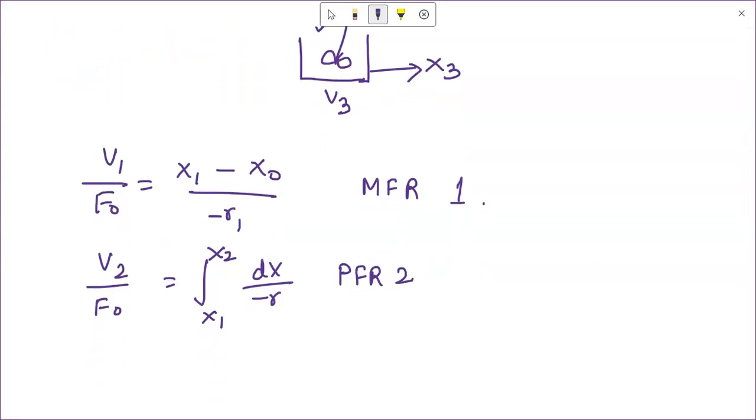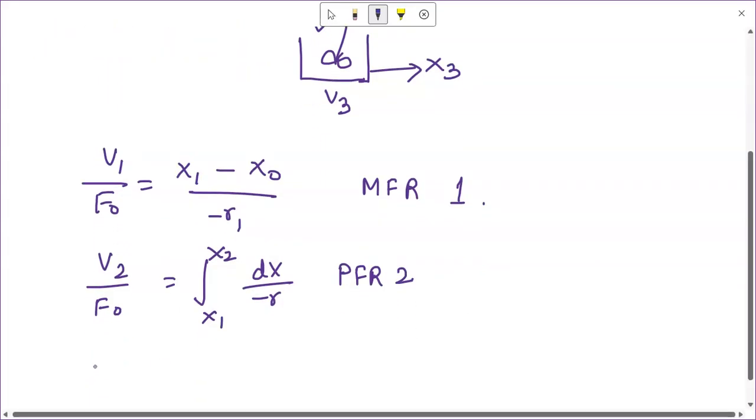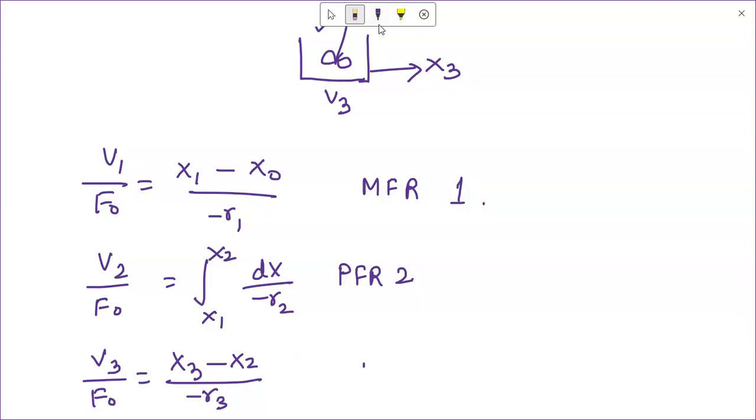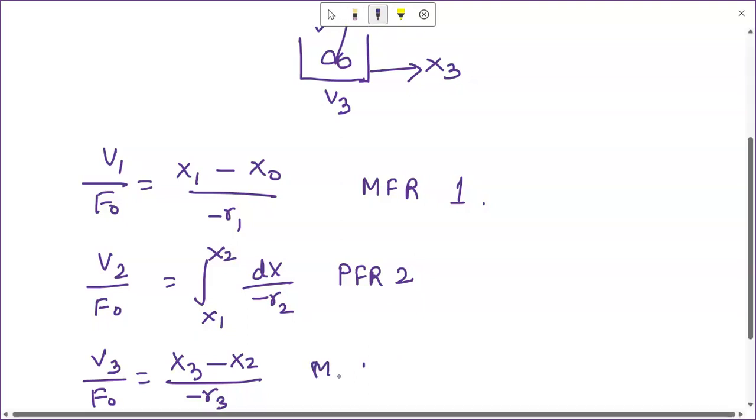And then for MFR 3, again we can write V3 by F naught equals X3 minus X2 by minus r3. I should write minus r1, minus r2 and minus r3 to show the rate expressions separately. This gives the design equation for the three different reactors in series.